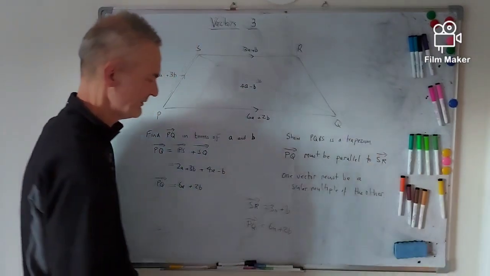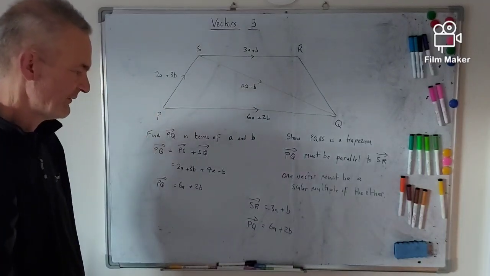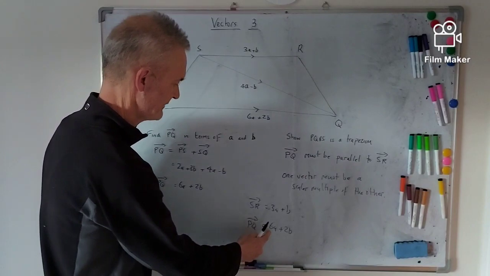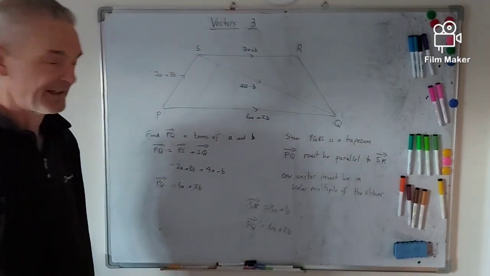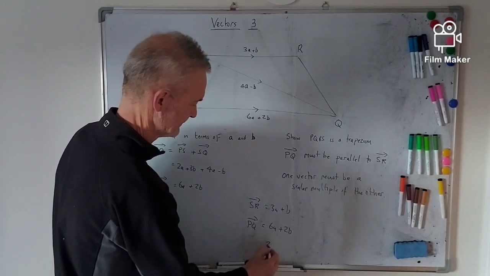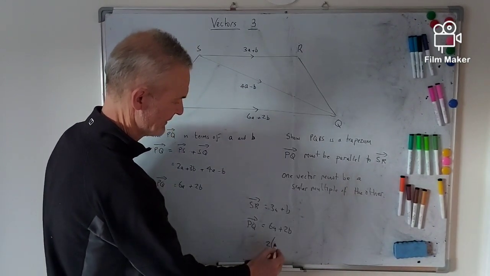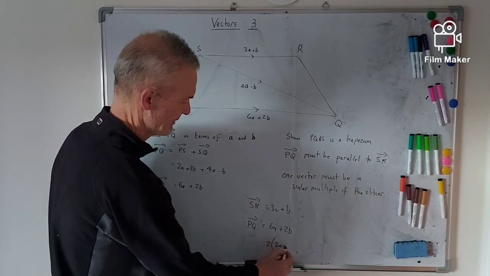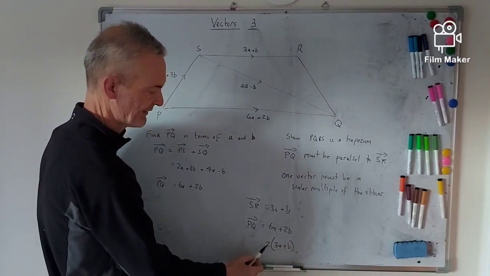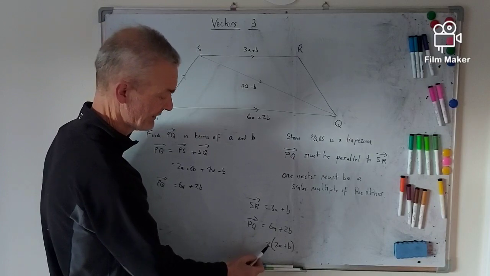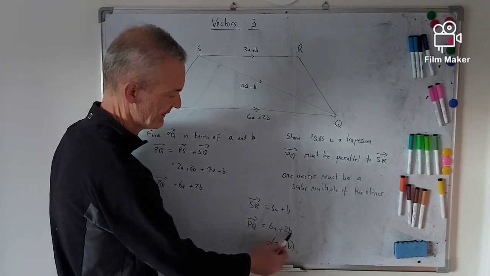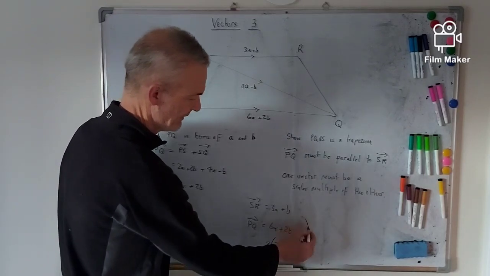What we can do here is factorise this vector. If I take a factor of 2 out of this, I am left with 3a plus b. If you think about multiplying out the brackets, 2 times 3a is 6a, 2 times b is 2b.